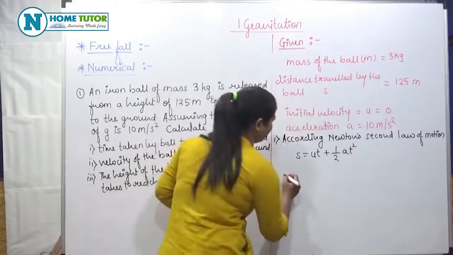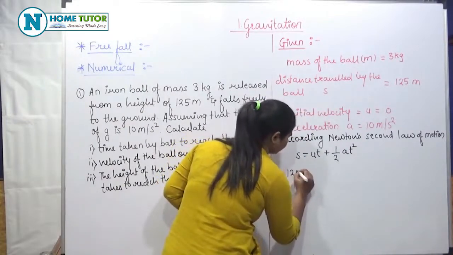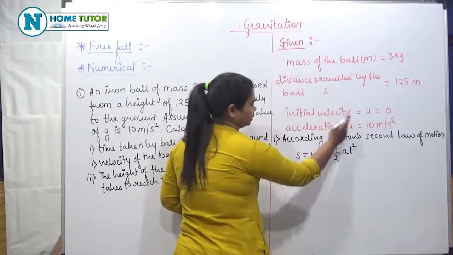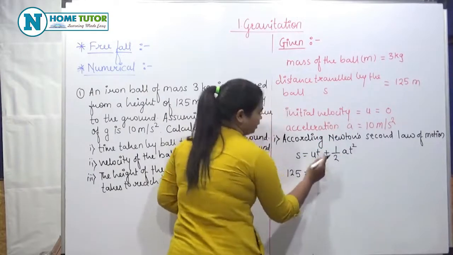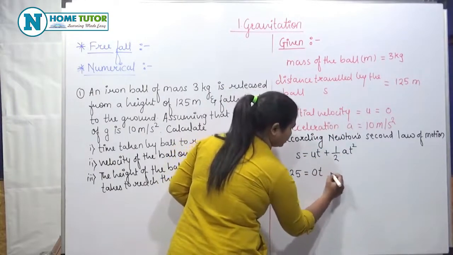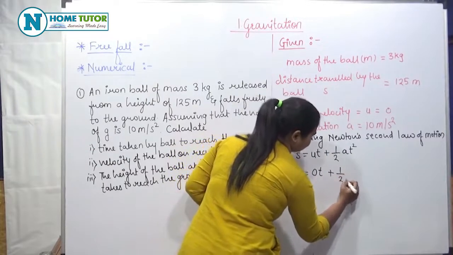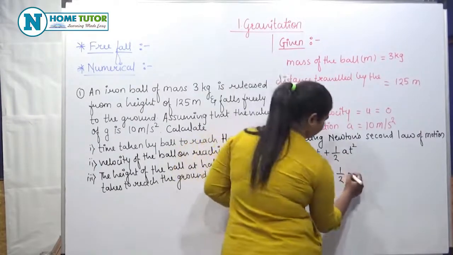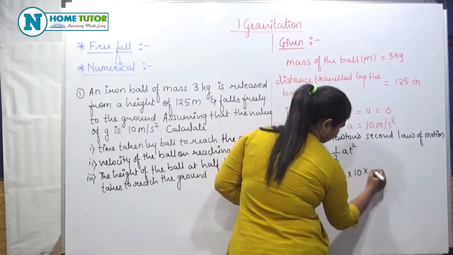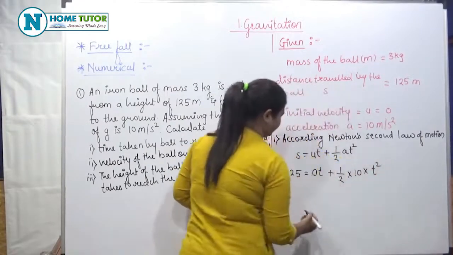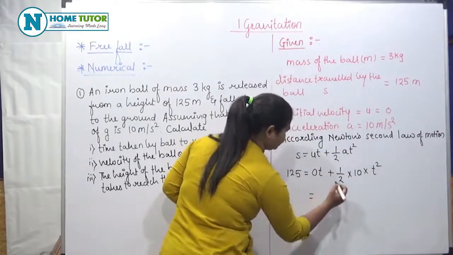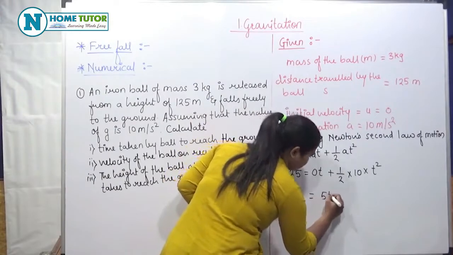S is equal to 125 meters is equal to u is 0, t we have to calculate, plus 1/2, a is 10 into t square. So the answer is 5 t square.